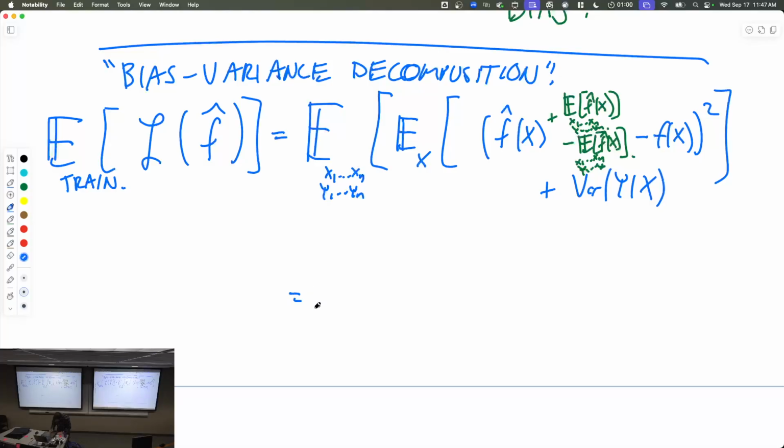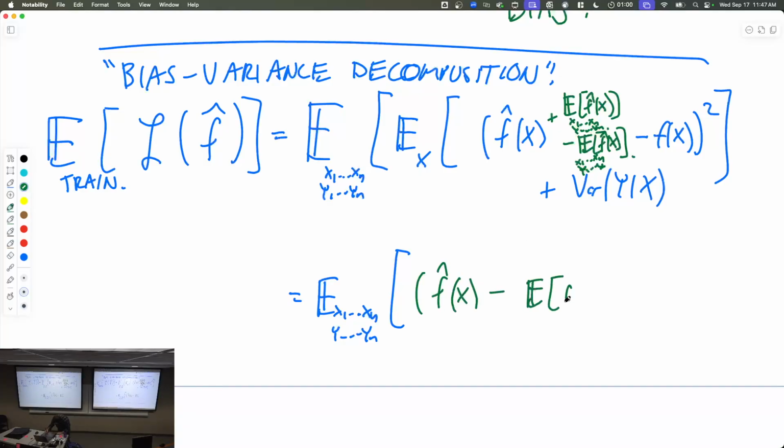There's going to be one part, which is how far is f hat from its mean? So we're going to get the expected value over x1 to xn, y1 to yn of, and let me write this one, I guess, in green, f hat of x minus the expected value of f hat of x. Okay, and then this is all squared.